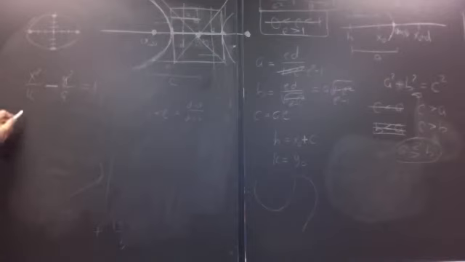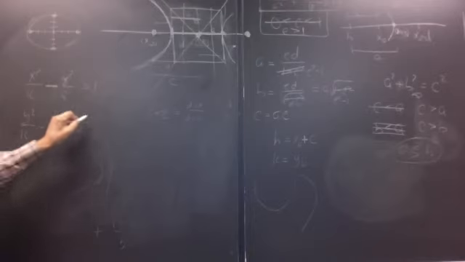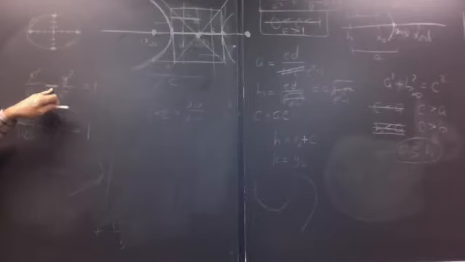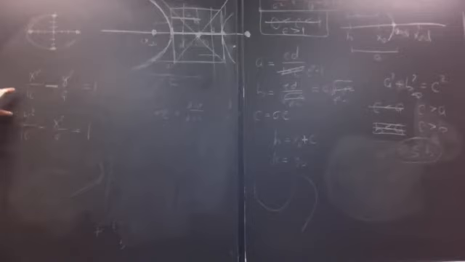But you also might have a minus going the other way. In other words, when you have a minus, it depends on which is first and which is second. In 2 of the cases, the x will be first and the y will be minus. In the other 2 cases, the y will be first and the x will be minus. Okay? So the 2 hyperbolas we get look like these 2.